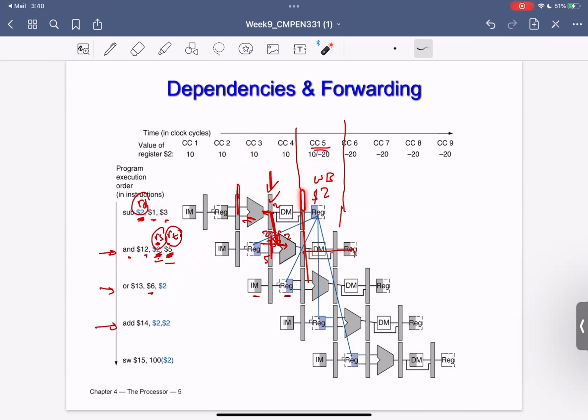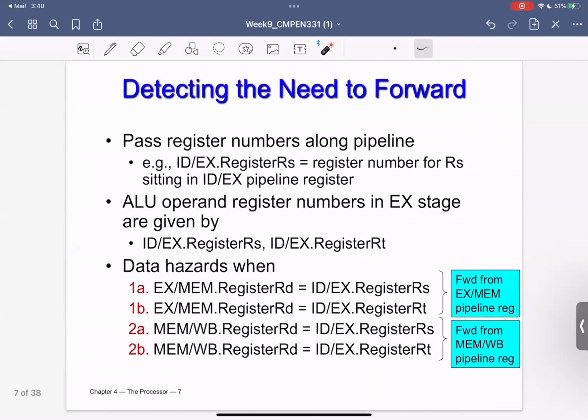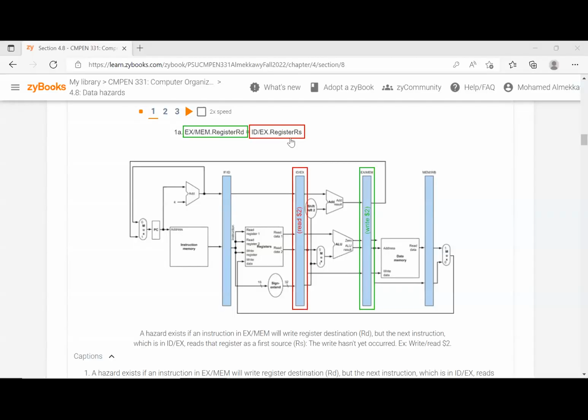What is the output of the memory? Which is this one. It is between the memory and the write back stage. So basically here you will forward from the memory and write back register, which is the output of the memory in this particular situation.